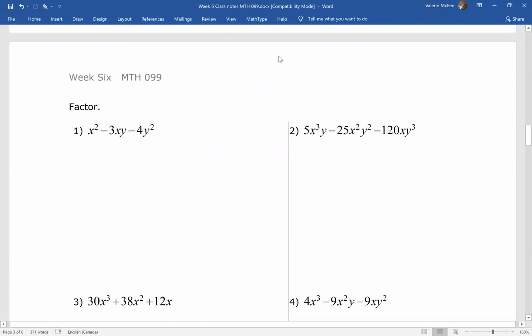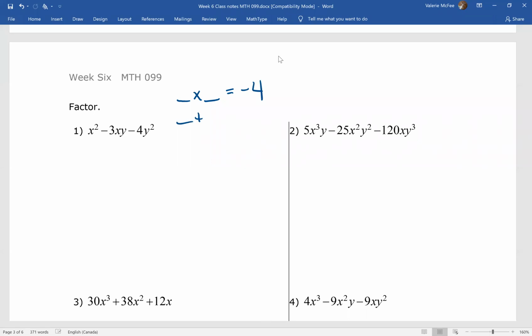We find a times c, which in this case is 1 times -4, and we want b, -3. So we know we're going to use the numbers 1 and -4. They multiply to -4 and add to -3.